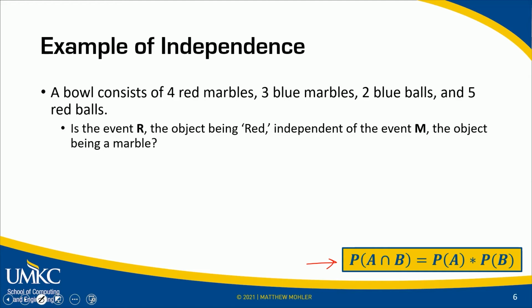So we would say that for this to be valid, for these events R and M to be independent, the probability of R intersected with M must be equal to the probability of R times the probability of M. Again, this is really the probability of the event being red and of the event that it's a marble.